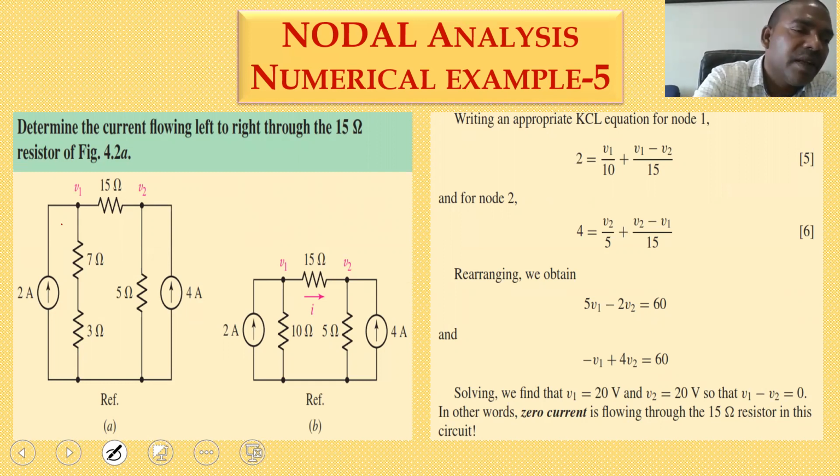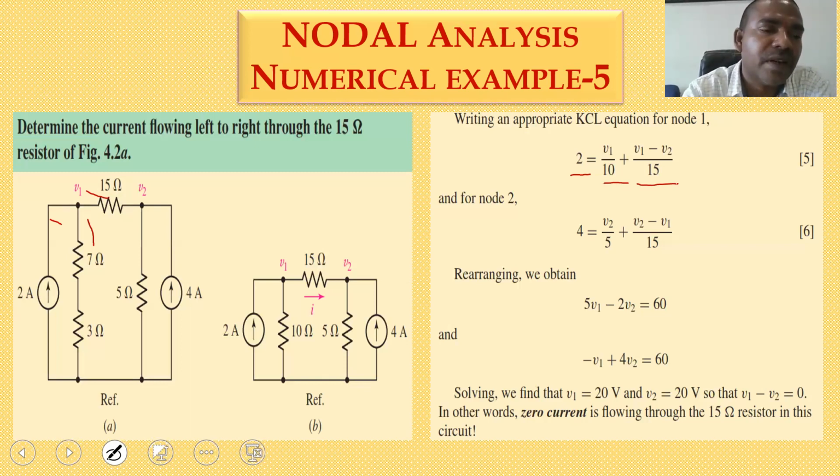So here three currents are there. First, 2 amperes is equal to V1 divided by 7 plus 3. So 7 plus 3 means 10. So V1 by 10 plus (V1 minus V2) by 50. So this is your first equilibrium equation.